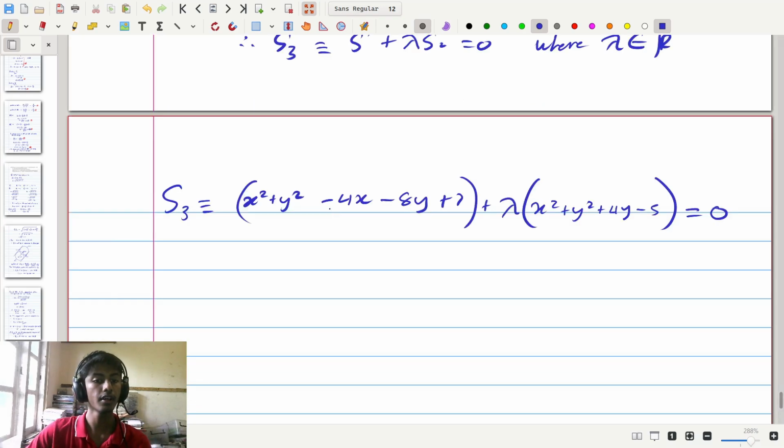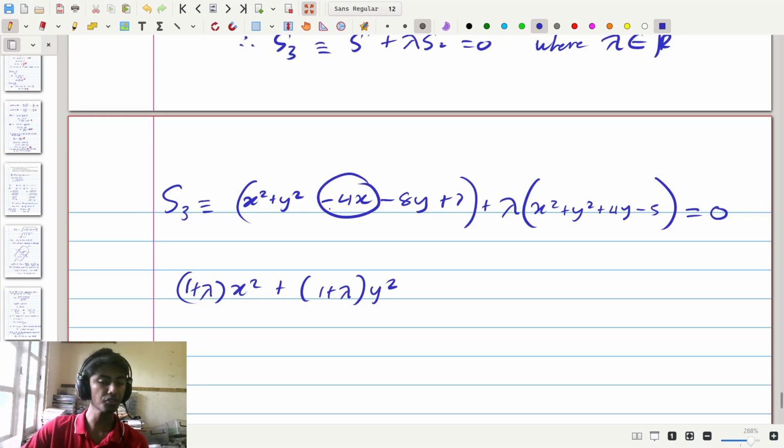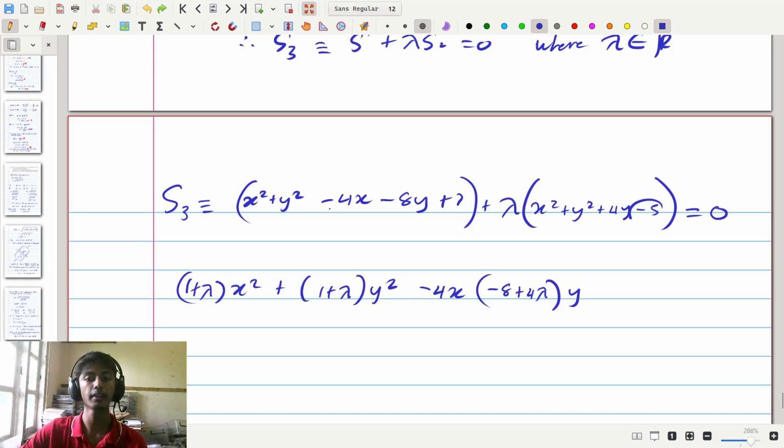Now simplifying, you can see we get x squared and lambda x squared, or 1 plus lambda times x squared, and then y squared and lambda y squared, or 1 plus lambda times y squared, and then minus 4x and a plus lambda times 0x, so just minus 4x, and then minus 8y and lambda times 4y, or rather minus 8 plus 4 lambda times y, and then finally we get 7 plus lambda times minus 5, or a constant term of 7 minus 5 lambda equals 0.